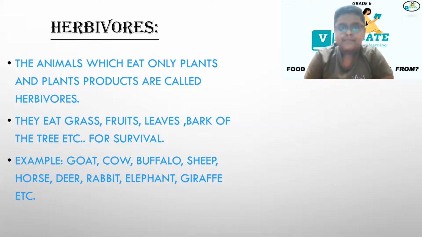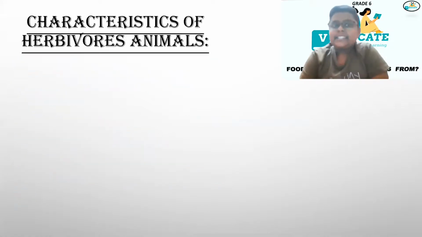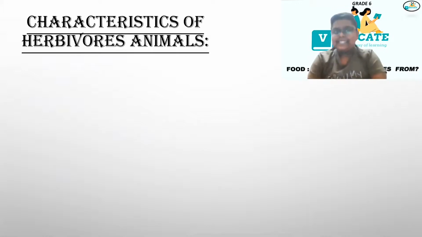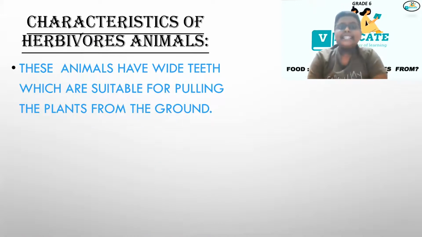Next is characteristics of herbivorous animals. How have they adjusted to the features where they can only eat plants? These animals have wide teeth which are suitable for pulling the plants from the ground.